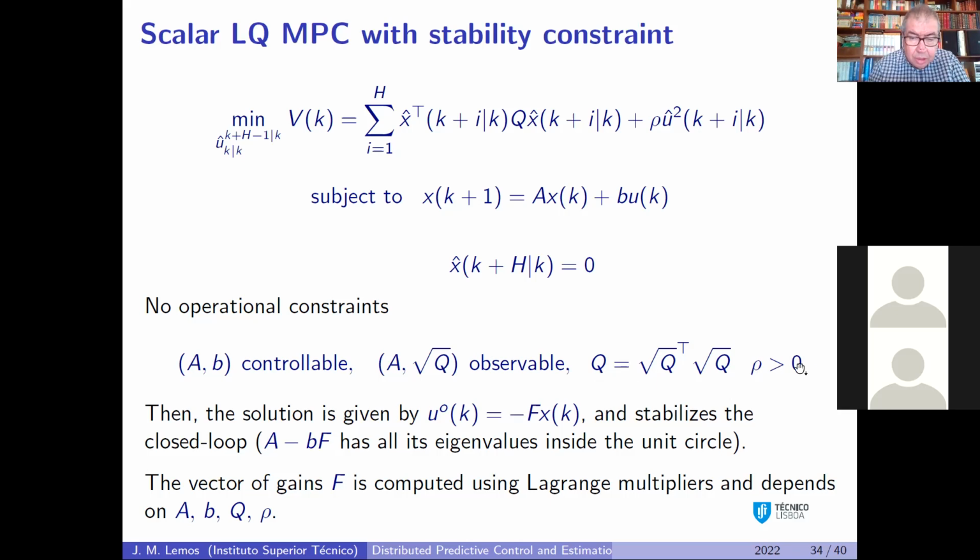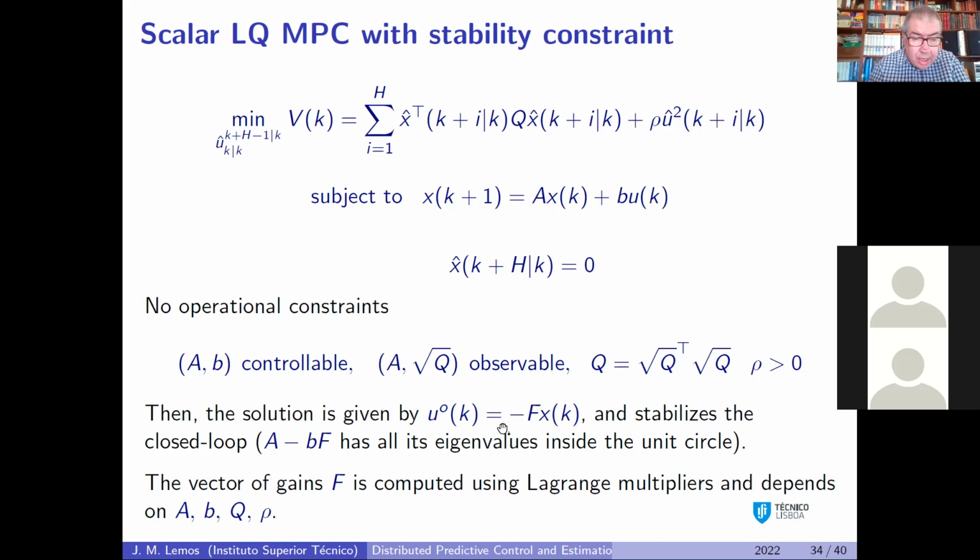And rho is positive definite. Rho is the weight on U squared. If you verify these controllability and observability conditions, then you can prove stability of the MPC. This depends on this fact.